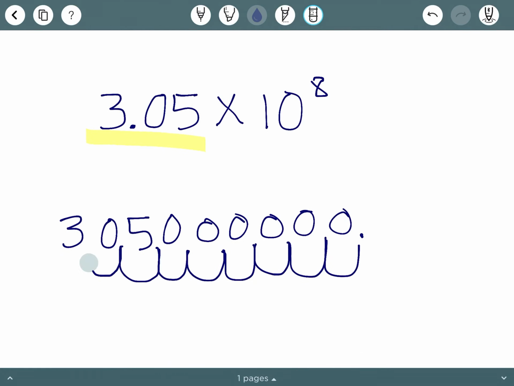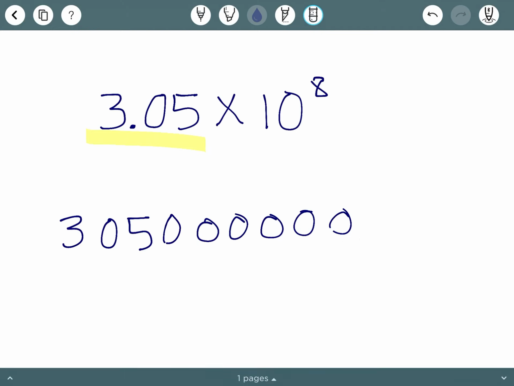So I erased my original decimal and I moved that new one 8 places to the right. All right, now, to make this number more readable, we do want to put in commas. And remember, from the decimal, we put a comma, if we're going backwards, every 3. So I'm going to put one here and put one here. So here we have 305 million.